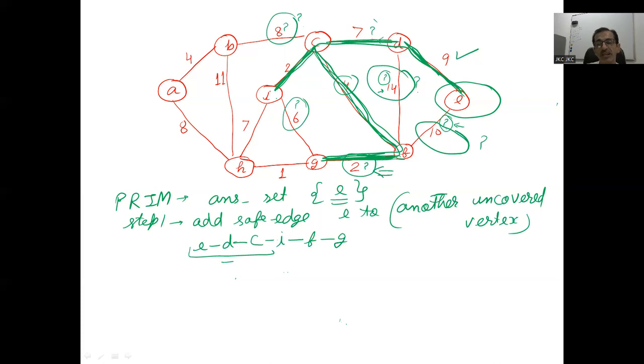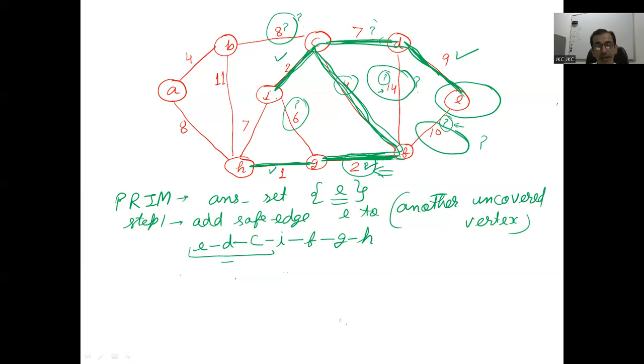Similarly, from G, now I can easily see this one will be the best choice to connect. So I will have GH connected. And now you can easily see this edge ultimately came, this edge also ultimately came, and continue like this. So effectively this came. After this, again, I have effectively the 7 covered.